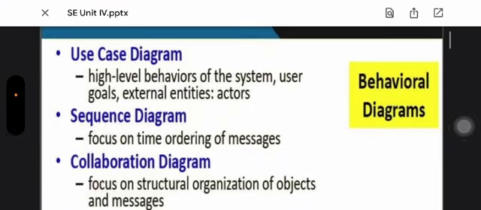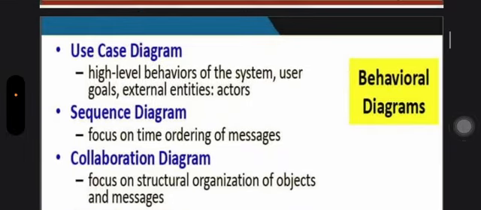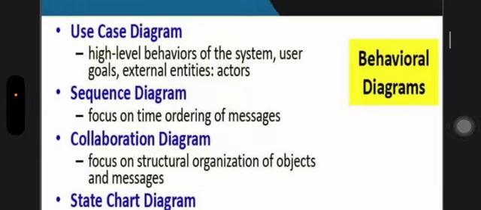Whereas in behavioral diagrams, use case diagrams, which show the high-level behavior of a system, user, goals, external entities, and factors are described. In sequence diagram, focuses on time ordering of messages. It gives the sequence of your system.